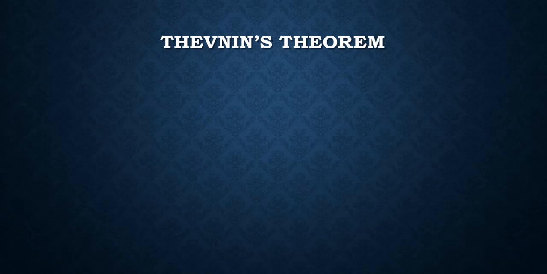Even before studying Thevenin's theorem, let's discuss the significance of this theorem. Let's talk about a household electricity network or a common network where we have a source, a generator, that can be an AC source or a DC source, right?